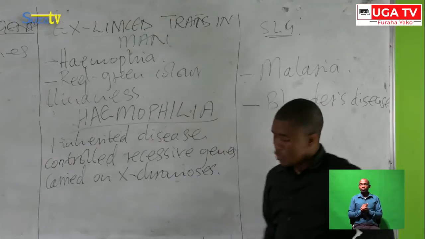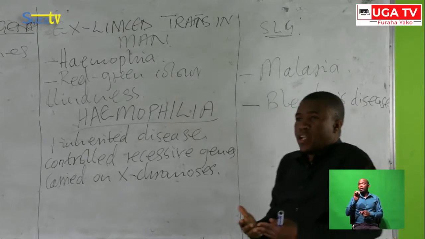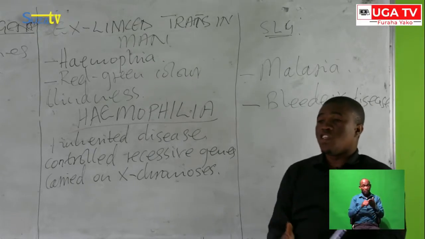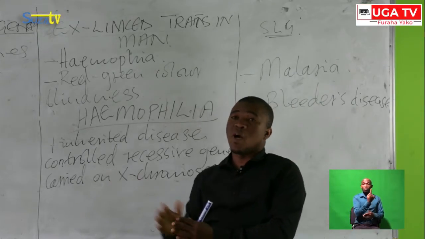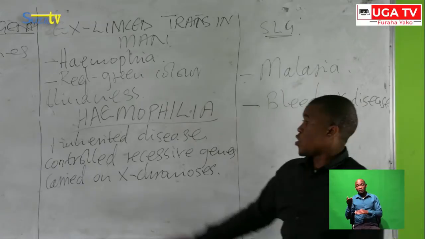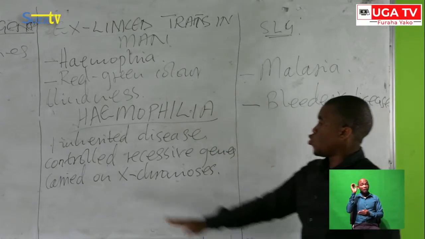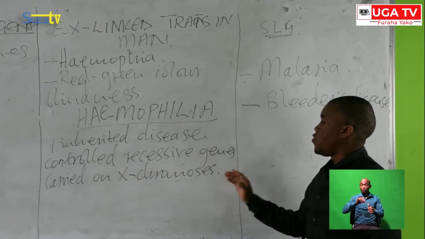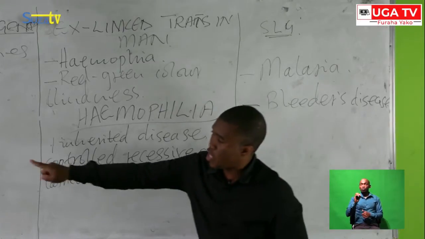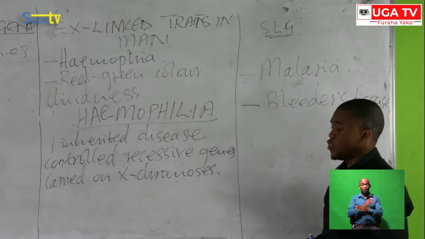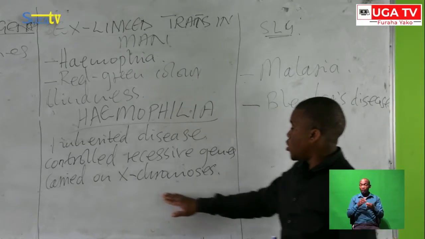Good. When we are talking about hemophilia, can we inherit it? Meaning that this disease can pass from one generation to another, from mother to child, right? That's why we say inherited disease, normally controlled by a recessive gene on the X chromosome. As I said earlier, sex-linked genes are mostly carried on the X chromosome.